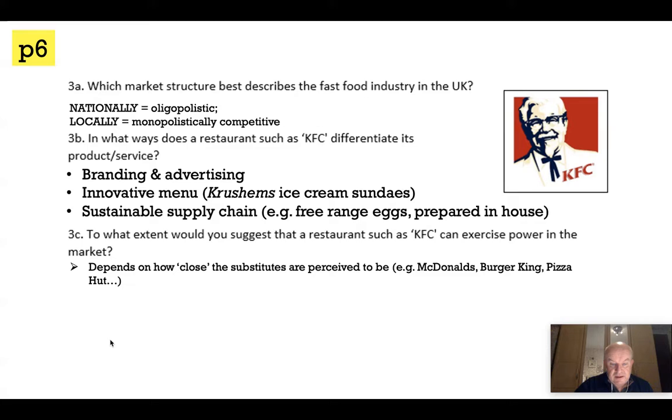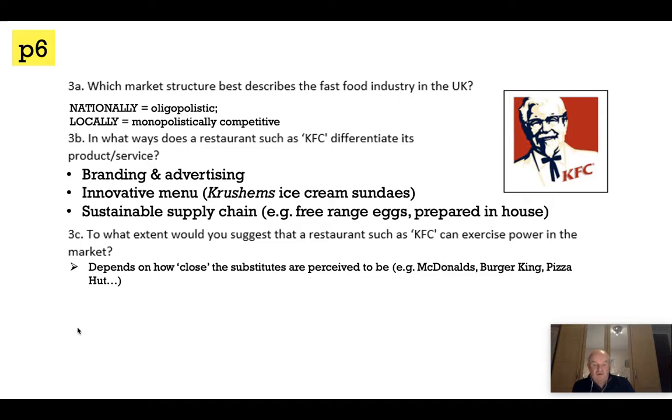Okay, so clearly one of the things that we'd need to consider in this situation, where you're asking to what extent KFC can exercise market power, clearly it will depend on a number of things. The first thing it's going to depend on is how many and how close are the substitutes, like McDonald's, Burger King, and Pizza Hut, for example.